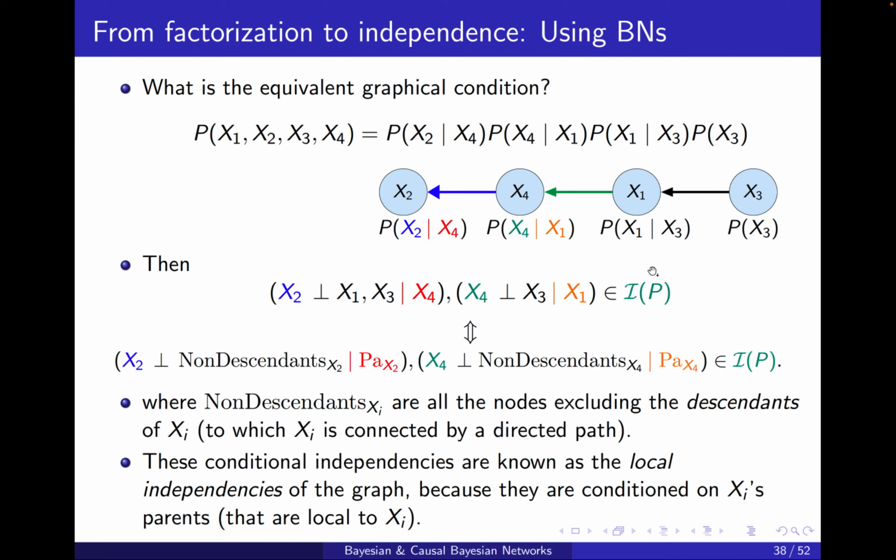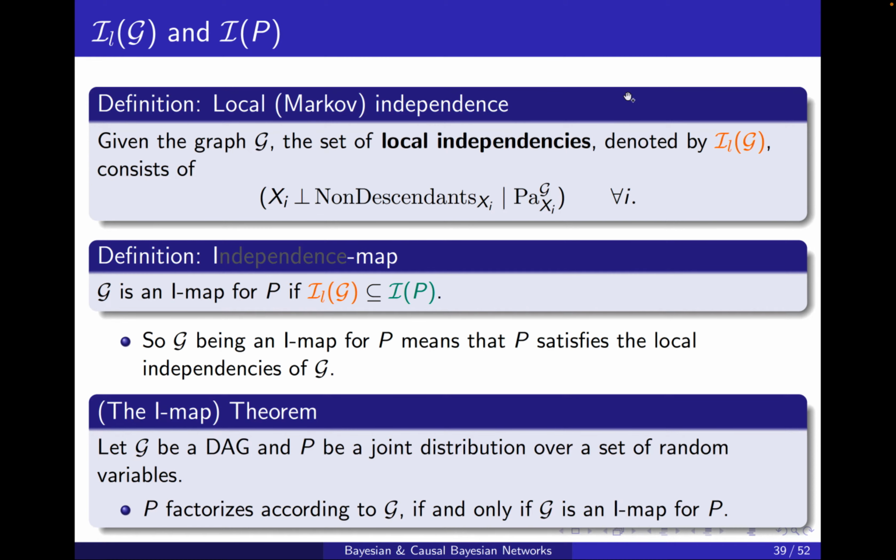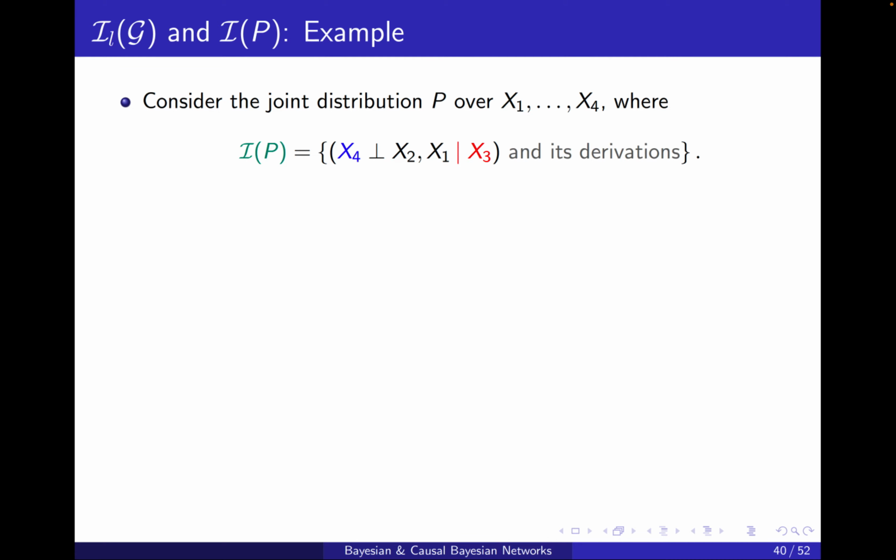We can easily just check if a factorization is given. I can just write down the graph, I can check the local conditional independencies, and then if P satisfies them, I'm done. I can say that yes, P can be factorized in this way. Okay, and let's see it in practice.